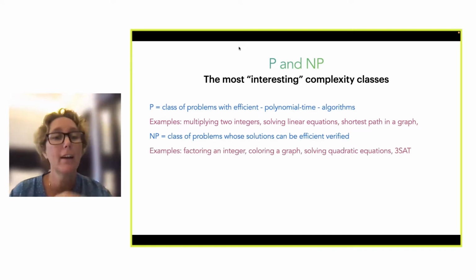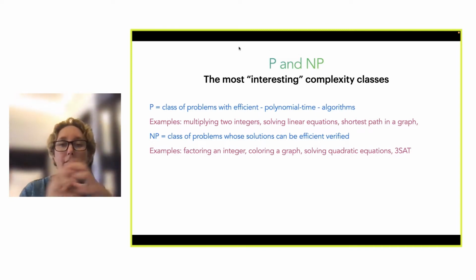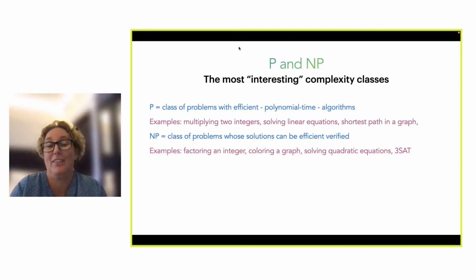An example is factoring an integer. We just said that if we have two numbers, it's easy for us to multiply them. But if someone gives me a big number and says it came as a result of multiplying two numbers, we don't know an efficient algorithm to break this into the prime factors. Of course, it's easy to check.